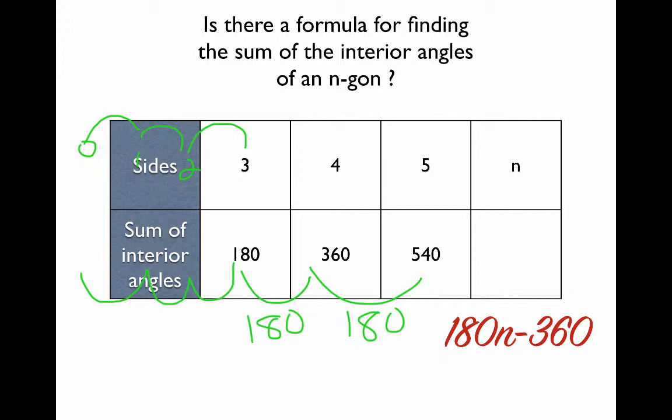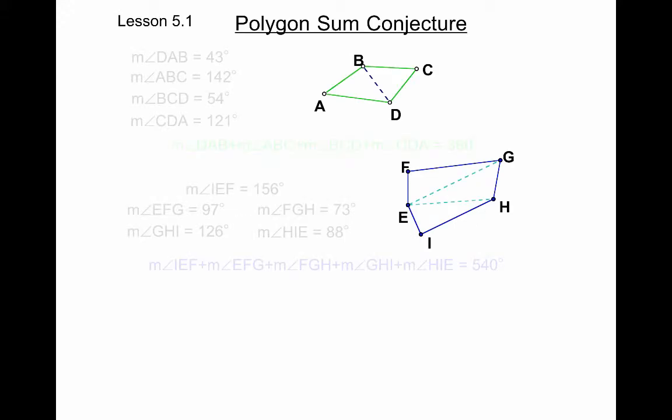So 180n minus 360 is one way of finding the sum of the interior angles of an n-gon. Here's another way of looking at it. If you take a polygon, in this case a quadrilateral, and cut it along one diagonal, you'll see it has 2 triangles, 1, 2.